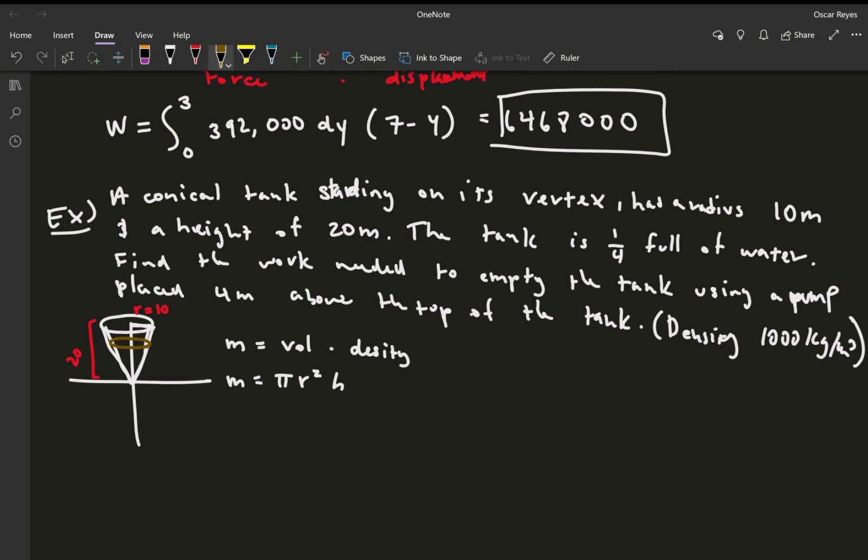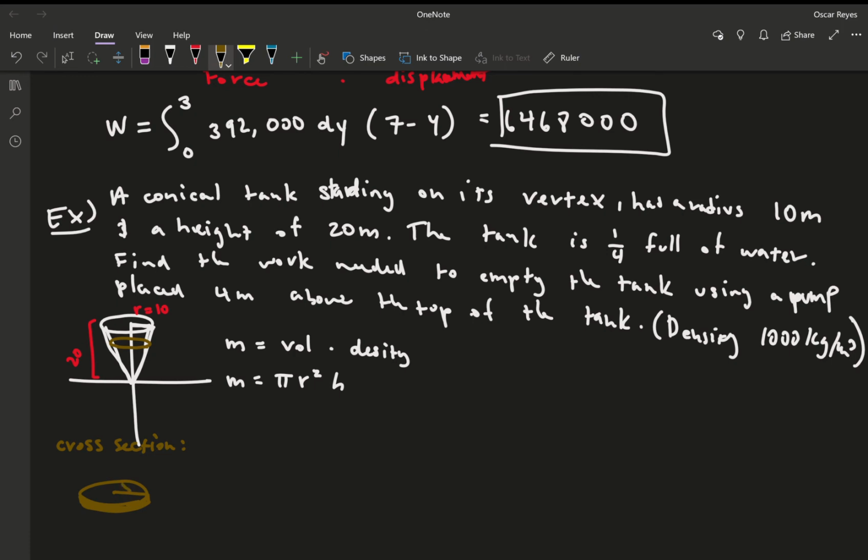Our cross section is just like this with some type of thickness. The thing is, we know that the radius at the top of it is 10. The height of it is 20. But we don't know the radius of the cross section that we picked out. And the cross section keeps changing. Or sorry, the radius keeps changing.